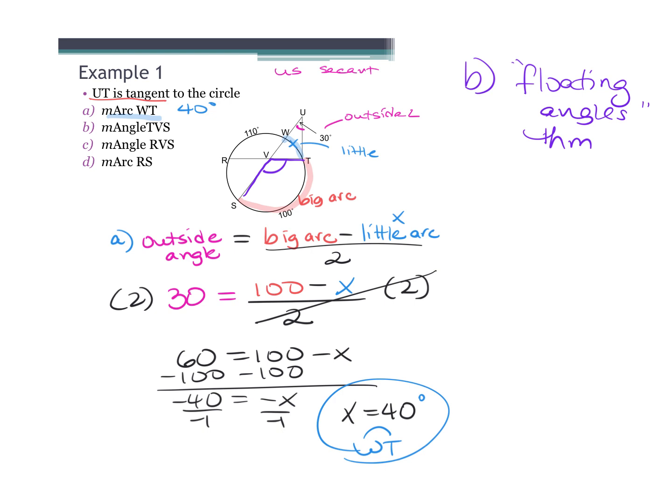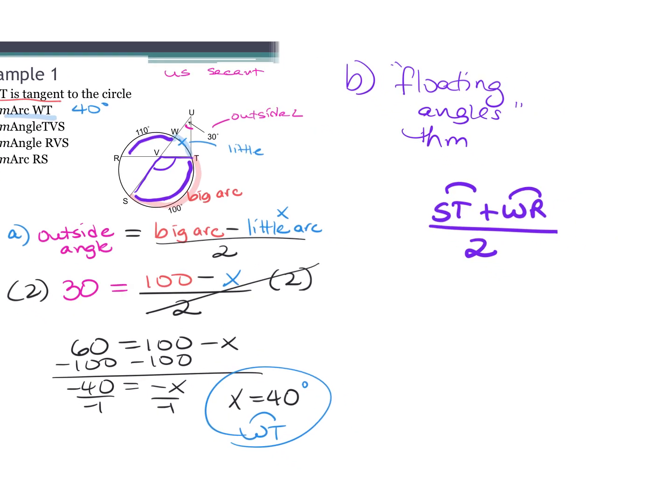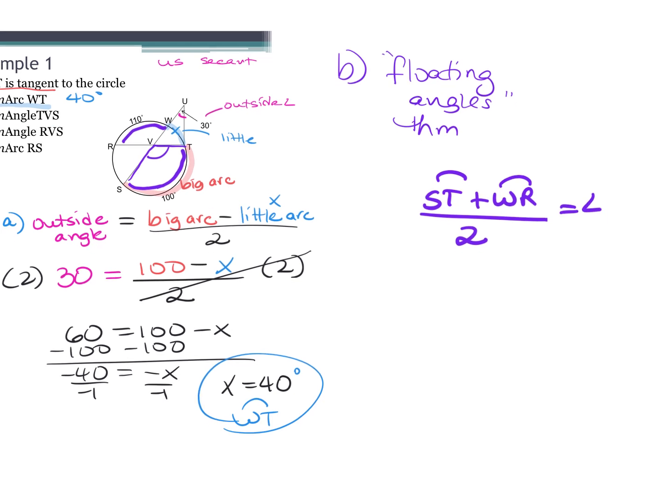For the floating angles theorem, remember we're going to take its intercepted arc, which is ST, add it to its vertical angle's intercepted arc, which is this one over here, the WR, or RW, and then divide it by 2, and that's going to give me the measure of TVS.